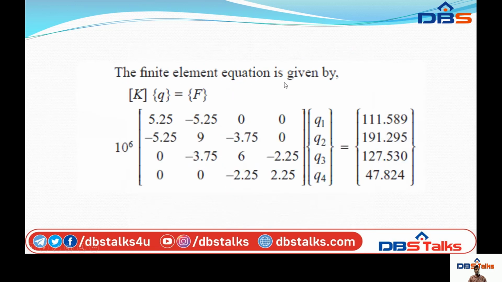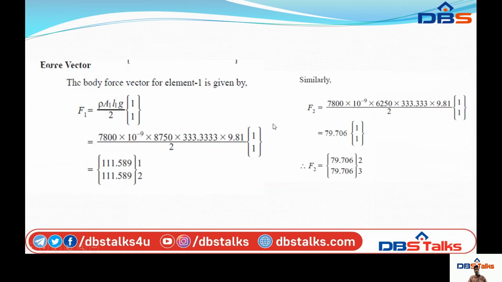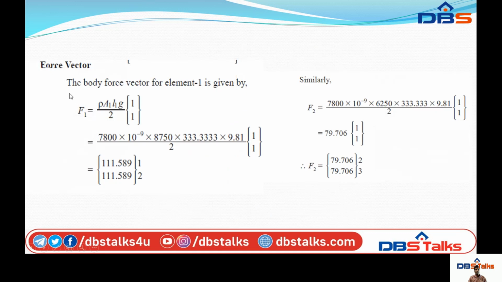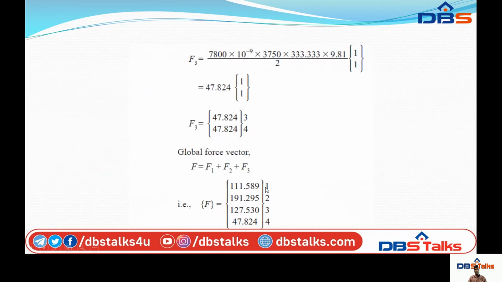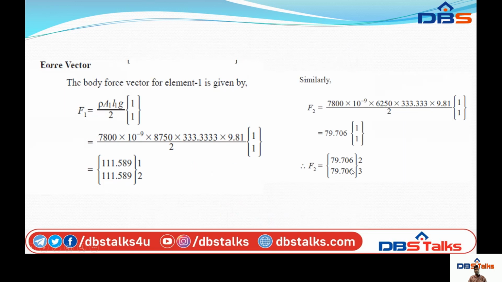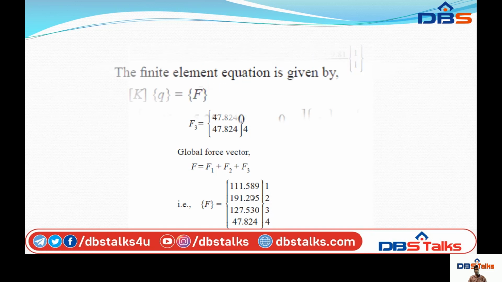The finite element equation is given by, okay, in this, first of all, I'm writing the force vectors. 111.589 for node 1. At node 2, 111.589 plus 79.706, you will get 191.295.